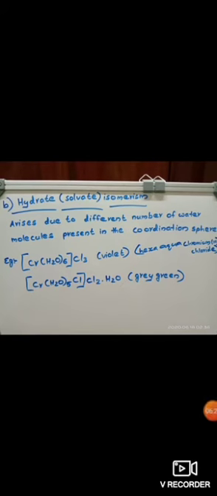Second one is hydrate or solvate isomerism. This isomerism arises due to the difference in the number of water molecules present inside the coordination sphere. Two compounds having same formula but difference in the number of water molecules present in the coordination sphere.